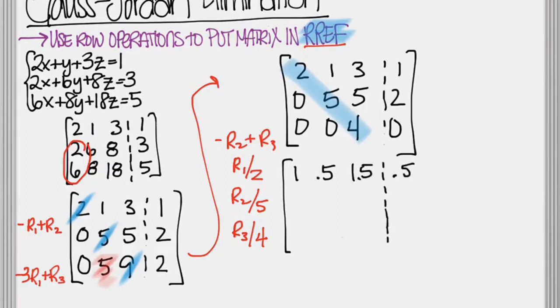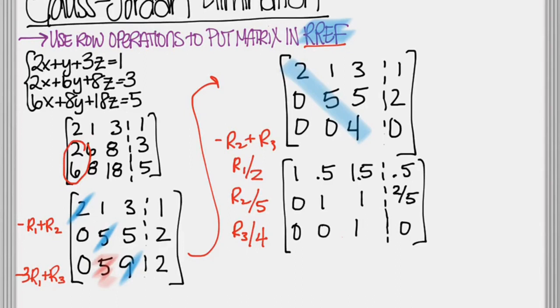And fractions are okay. We'll clear them up in a second. All right, so this would be our row echelon form.